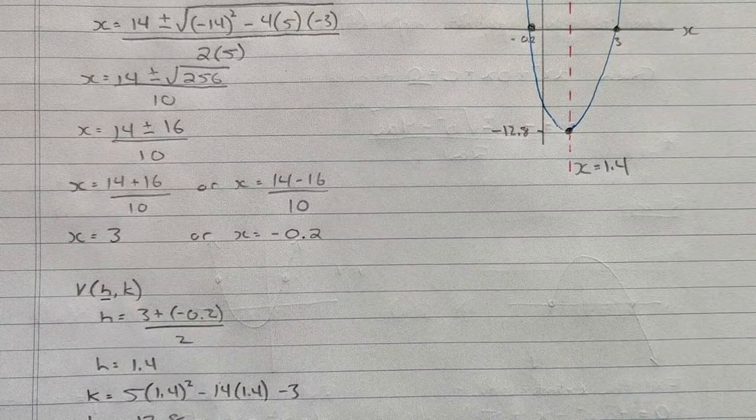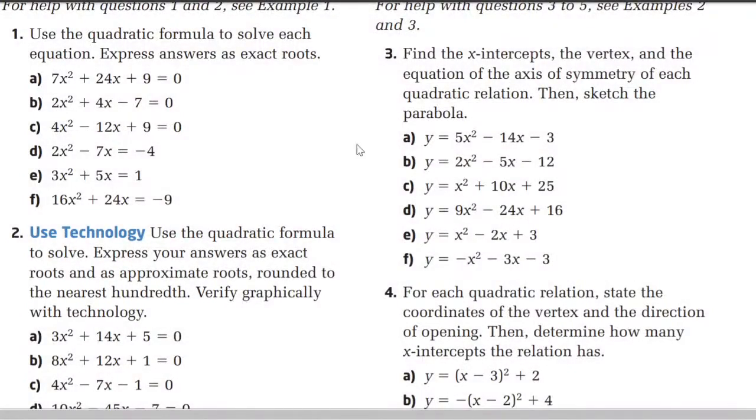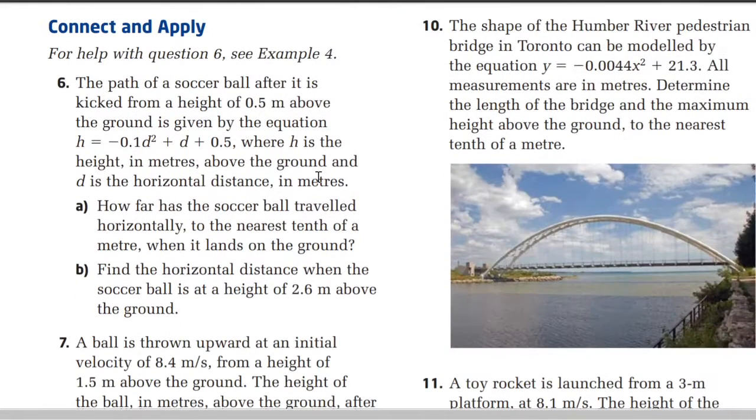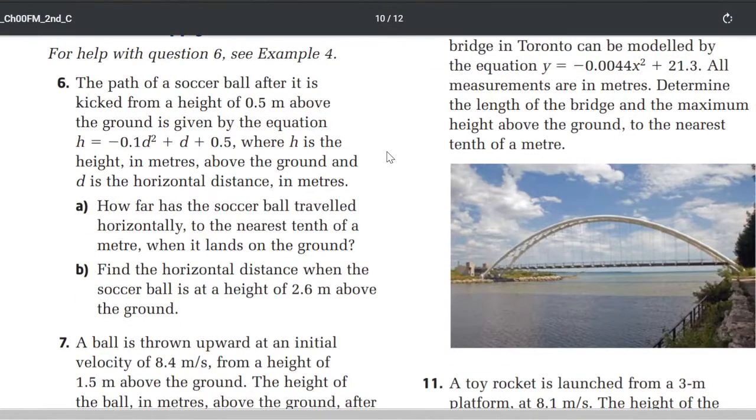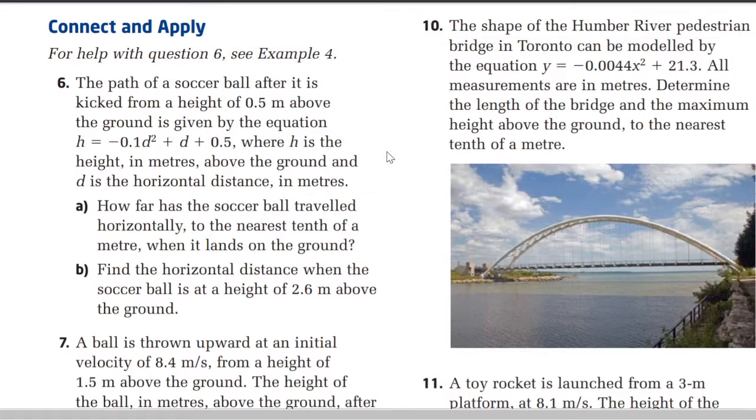So if we look over here to number 6, what we have is that the path of a soccer ball after it is kicked from a height of 0.5 meters above the ground is given by the equation h equals negative 0.1 d squared plus d plus 0.5, where h is the height in meters above the ground and d is the horizontal distance in meters. How far has the soccer ball traveled horizontally to the nearest tenth of a meter when it lands on the ground, and then find the horizontal distance when the soccer ball is at a height of 2.6 meters.